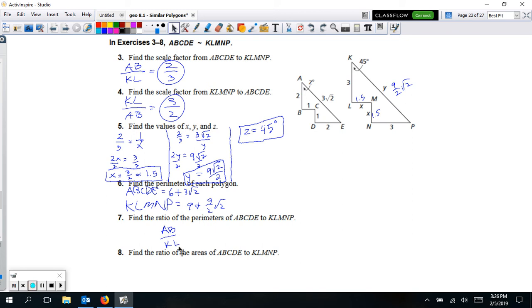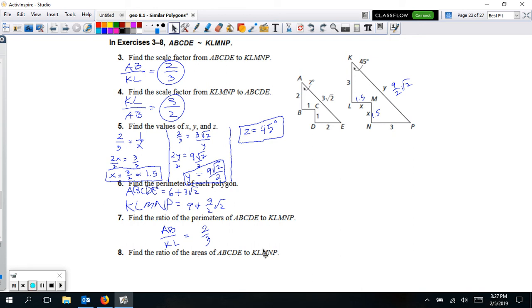The ratio of the perimeters is the same or equal to the ratio of corresponding sides, which is the same as the scale factor. So that would be the 2/3. So this is the ratio of the perimeters is 2/3. So that will actually be the answer. Even though that is the scale factor, that is also the ratio of the perimeters. So the ratio of the perimeters is equal to the ratio of corresponding sides, as we learned earlier, which is the same as the scale factor.